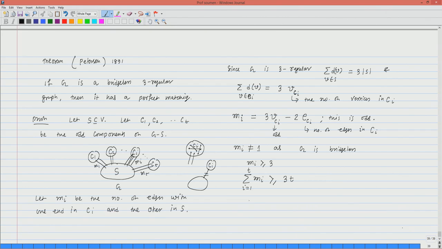So, what I can write is that t is less than or equal to the summation of Mi from 1 to t divided by 3, which is less than or equal to the summation of d(v) for v belonging to S, divided by 3.